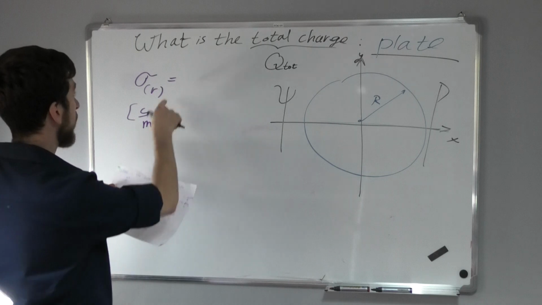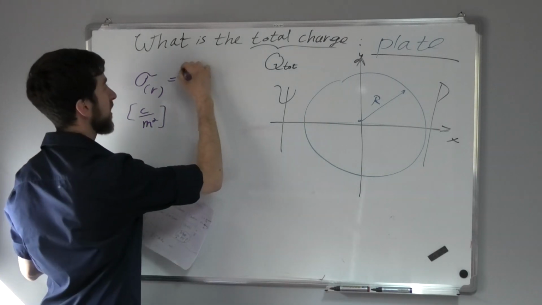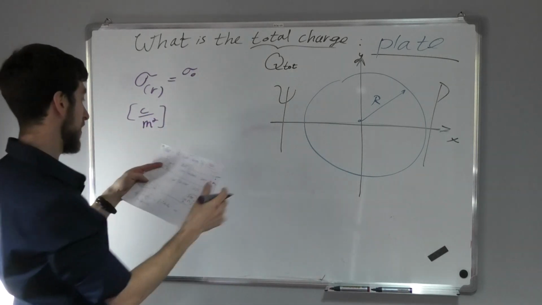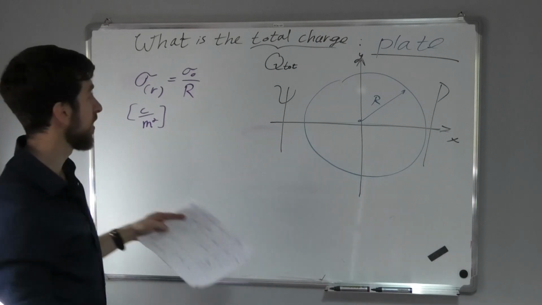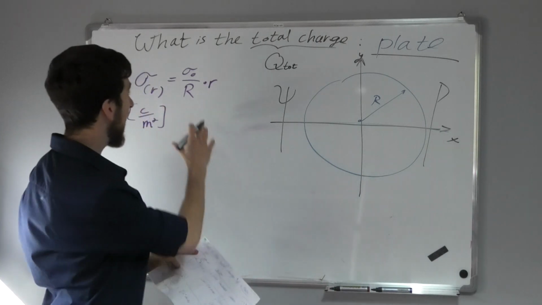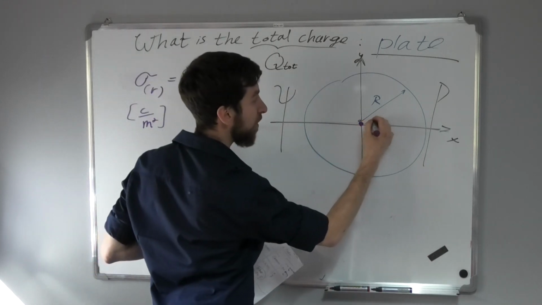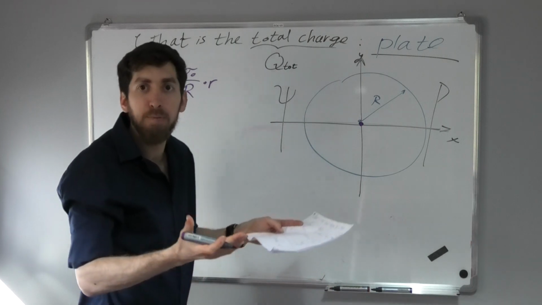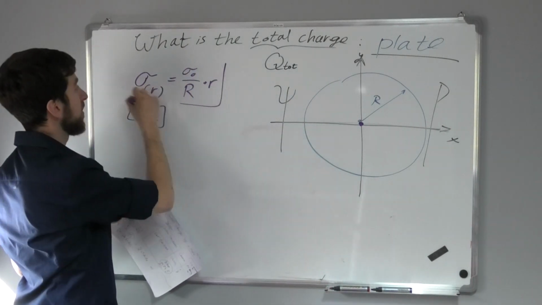In this specific problem the charge density is some constant, sigma naught, over R, another constant which is the radius, multiplied by r. You can think of this as a linear relationship, which means as I go far away from the center, I get more and more charge.